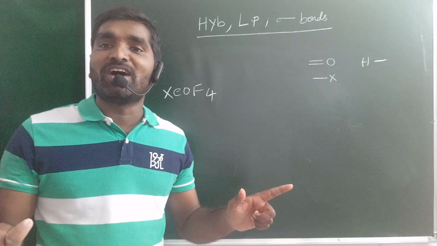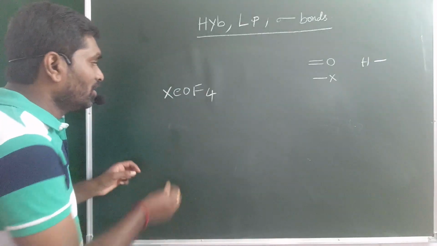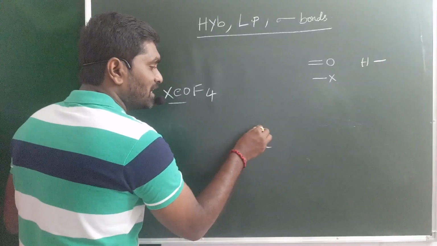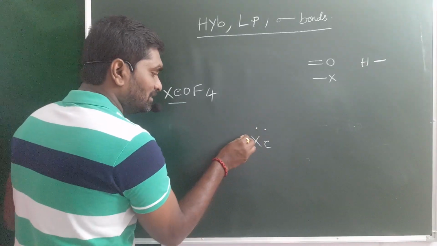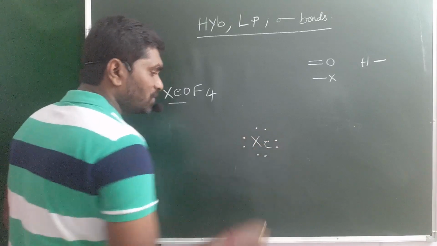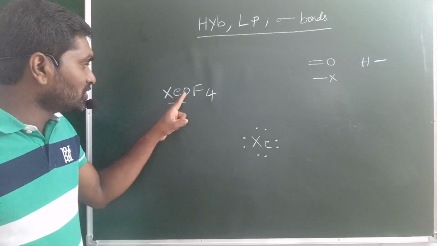A simple trick. The central atom is xenon, an 8th group element, which means the number of valence electrons is 8. You will just write the number of valence electrons like this. After that, look at this one.